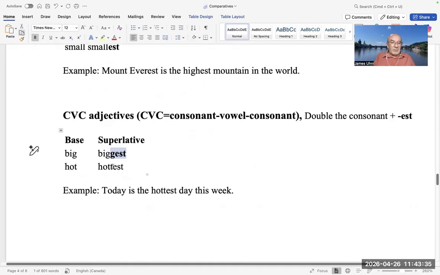Hot, hottest. Why is that? Because we end on consonant. And here I missed it. Okay. Example, today is the hottest day this week.